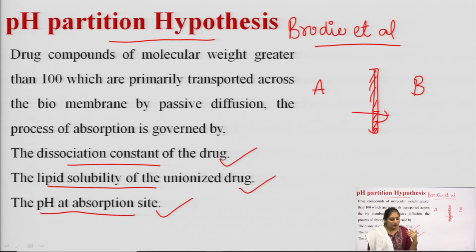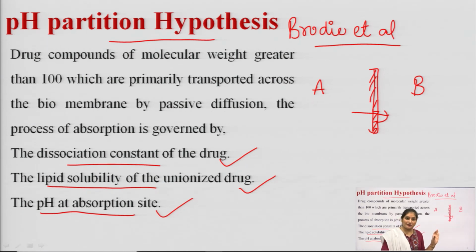Now, this statement, that only the unionized drug can permeate across the membrane, and that the pH which favors greater ionization of the drug means that compartment will contain a higher amount of the ionized drug, this hypothesis is based on three assumptions.